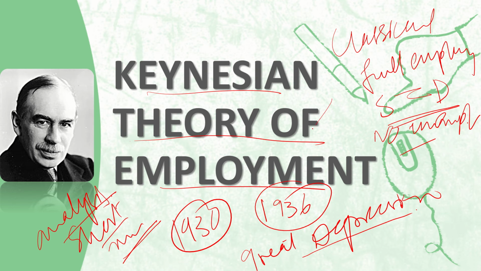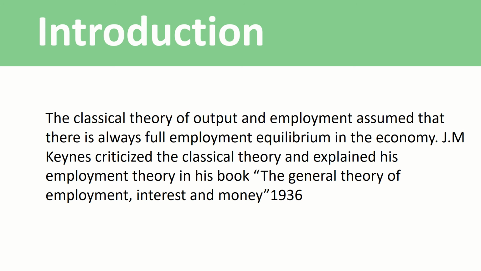But Keynes proved this wrong, as during the 1930s a Great Depression took place, as a result of which there was unemployment. Supply was greater than demand at that time. So the classical theory assumes that there is always a full employment equilibrium in the economy.